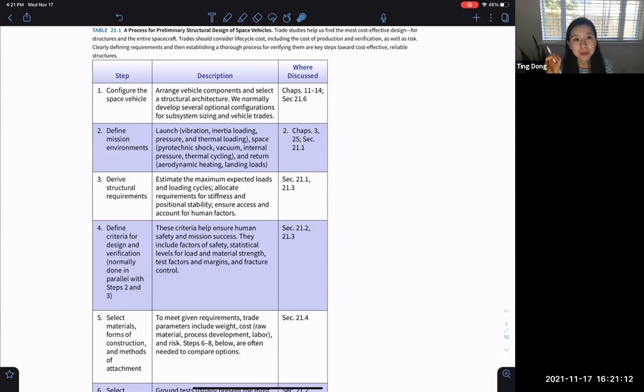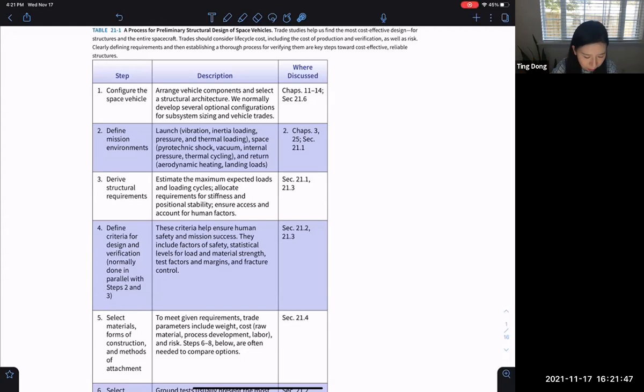For our mission, for example, it's a crewed mission with 2 astronauts, so we can have a rough estimation of the total weight, and that weight could be our loading for our structure analysis later. And also during the mission, what is the temperature change variance? This thermal cycle may cause fatigue cycles for our structures, and things like that.